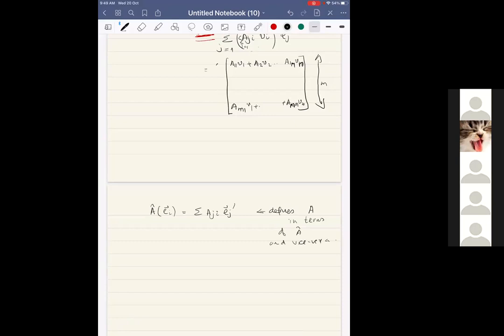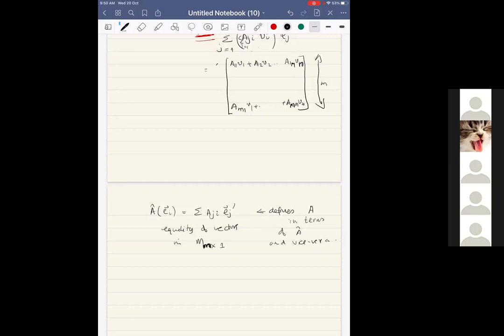Given the matrix, you have the linear map by this, and given the linear map, you have the matrix by this. This is how you go between matrices and linear maps. But what are these? This is an equality of vectors, both sides are column vectors of length m.